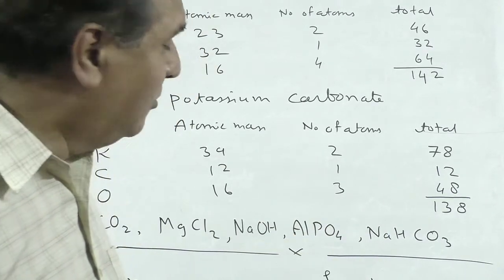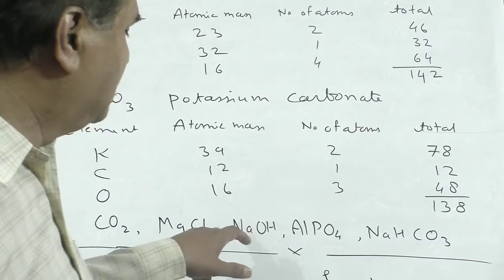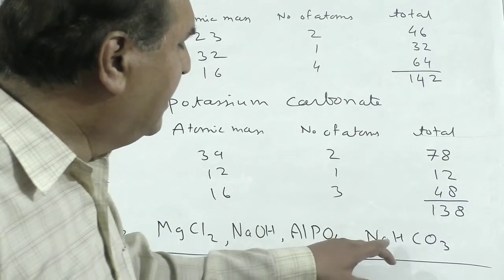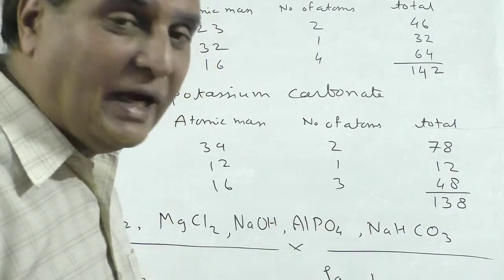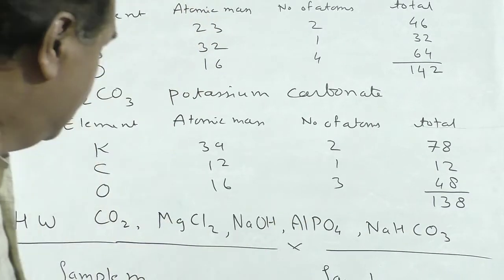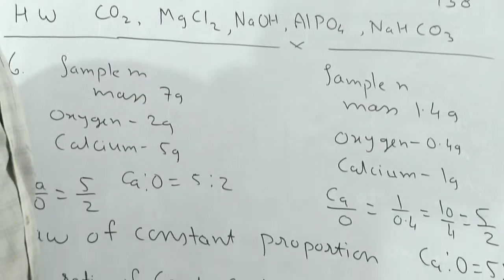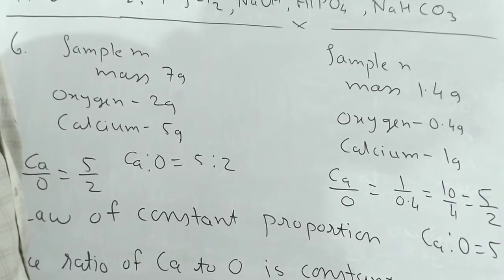NaHCO3, sodium bicarbonate: Na 1 atom, H 1 atom, carbon 1 atom, O 3 atoms. Just add and find the answer. Understood? Do it.